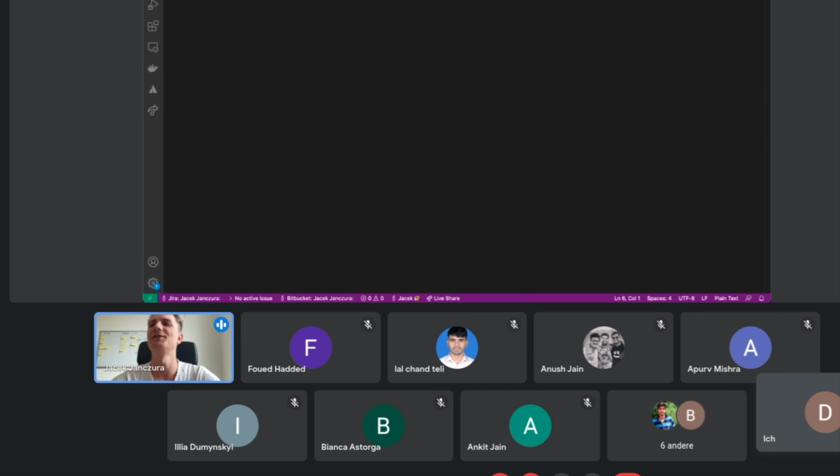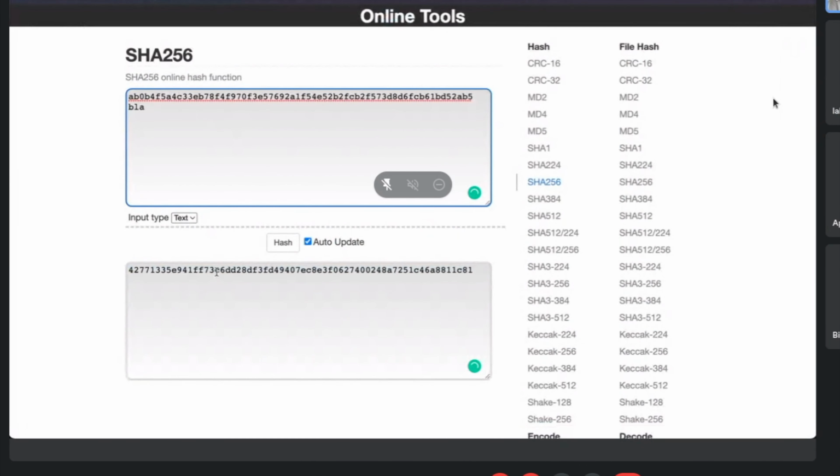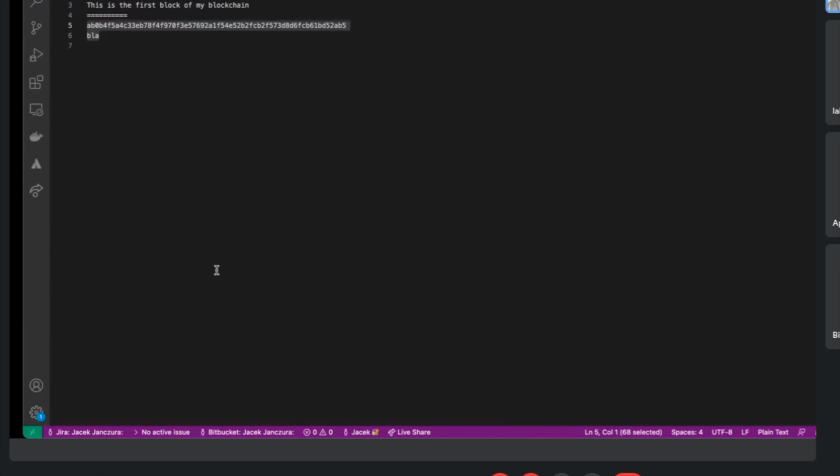Can someone type something in the chat, please? Okay, blah. Blah is another text. So we take the previous hash of the initial block and we take blah that David wrote. We take this as the whole block, we hash it, and that's the new hash.